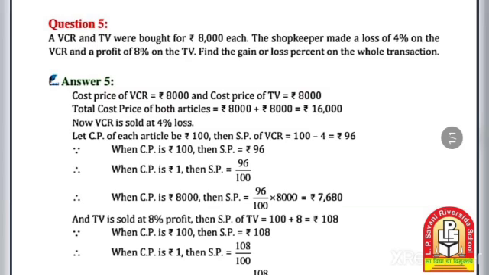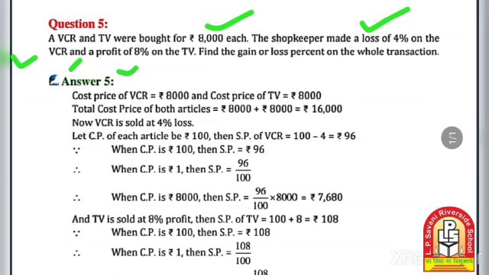Then question number 5. A VCR and a TV were bought for rupees 8,000 each. The shopkeeper made a loss of 4% on the VCR and a profit of 8% on the TV.